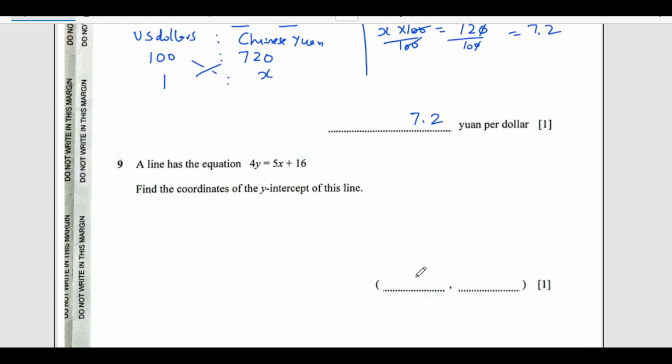Now number 9: a line has equation 4y equals 5x plus 16, right? Find the coordinates of the y-intercept of this line. For the y-intercept, first of all I will convert this into y equals mx plus c form. So divide the whole equation by 4, here by 4, here by 4.